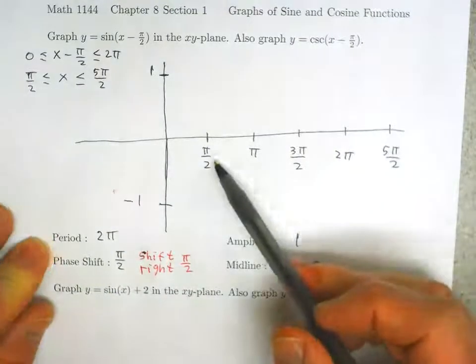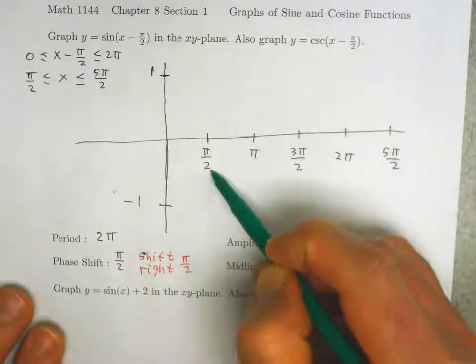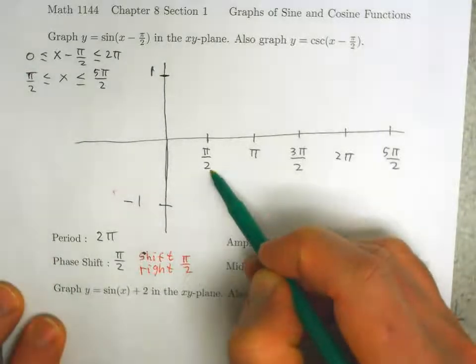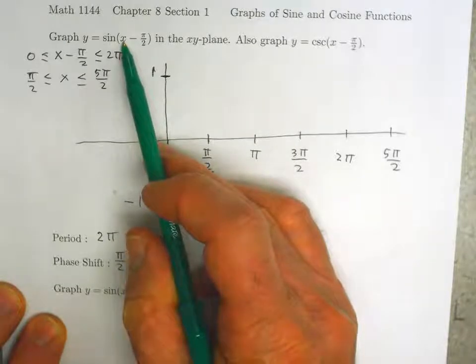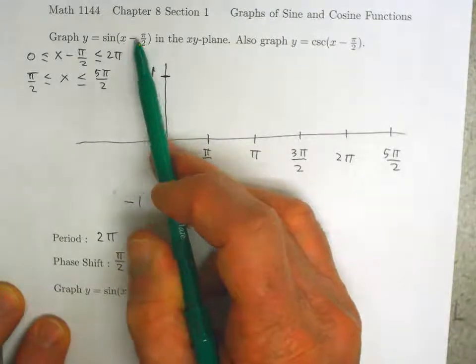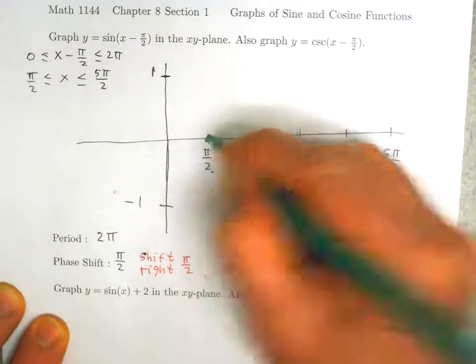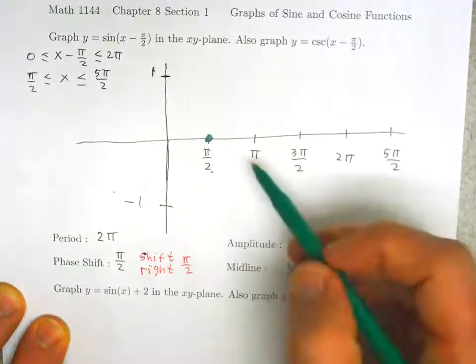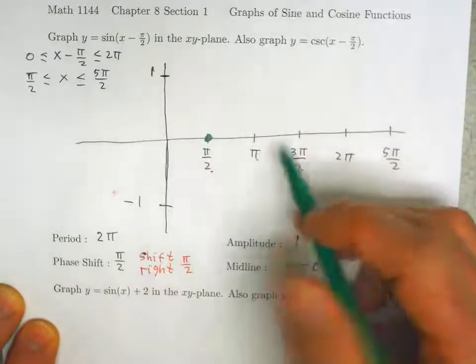Okay, so we're going to start with pi over 2. X equals pi over 2. So in the function, pi over 2 minus pi over 2 is 0. Sine of 0 is 0. So we have this point on the graph. When x is pi, pi minus pi over 2 is pi over 2.